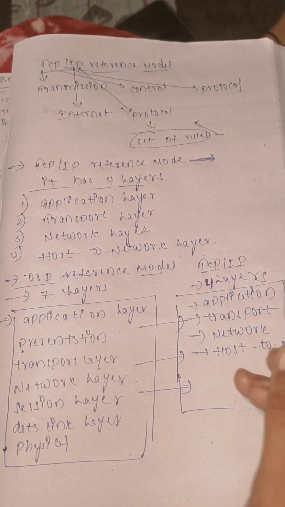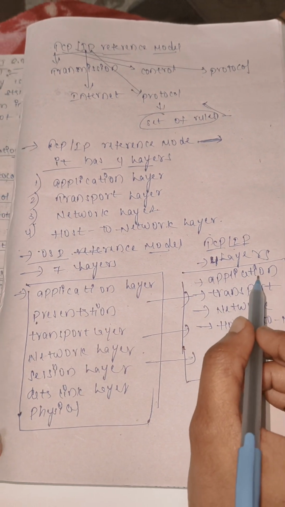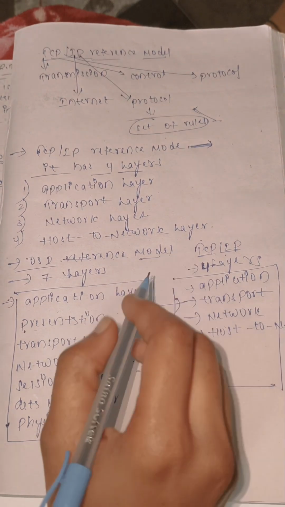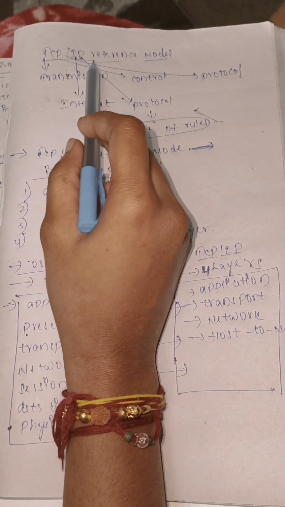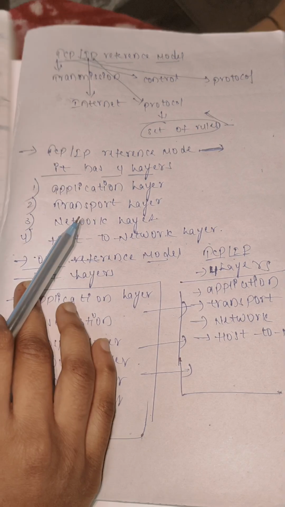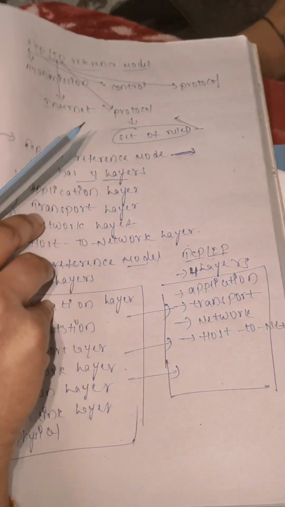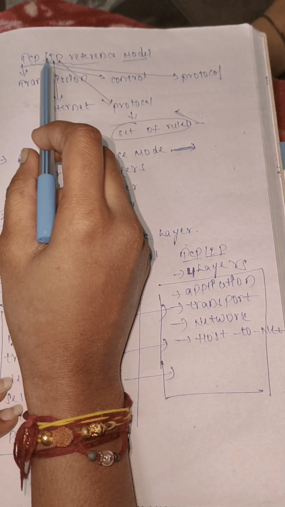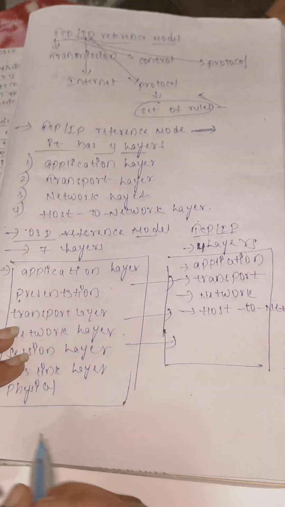Now I am going to briefly explain about application layer, transport layer, network layer and host to network layer. The TCP/IP reference model has 4 layers and it is an implementation of the OSI reference model.